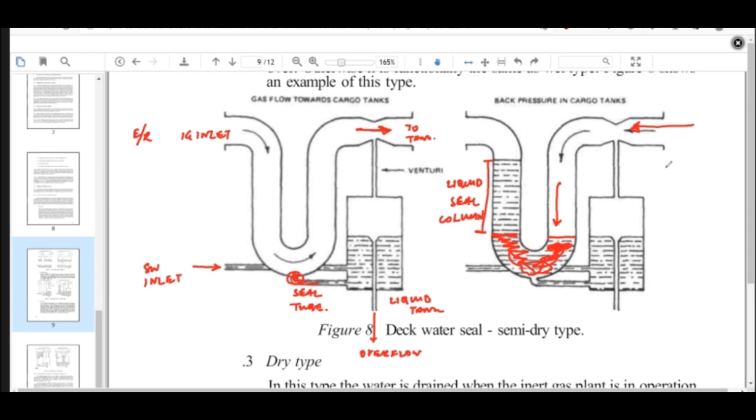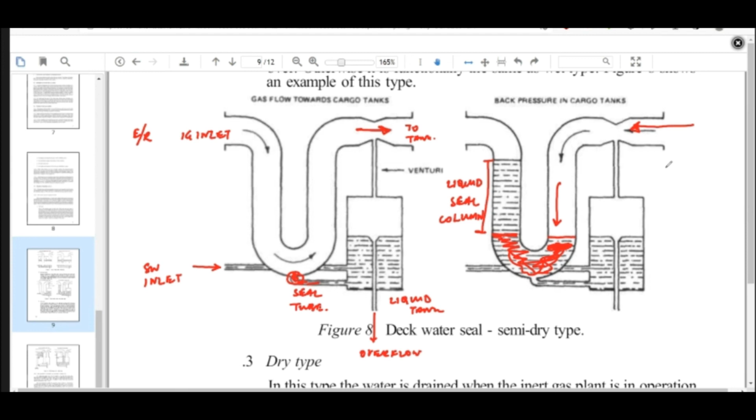Do you think you are able to do that? Are you able to understand? सर ये सेमी ड्राई टाइप में इनिशियली सर वाटर लेवल को पुश करके मतलब वो टैंक में डाल देगा क्या, मतलब इनिशियल स्टेज कैसा होगा? Yeah. Initially that huge volume of gas flow coming from the inert gas plant going to the tank is sufficient to push everything and keep everything there in that liquid tank, right?